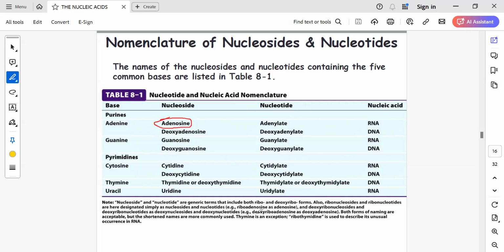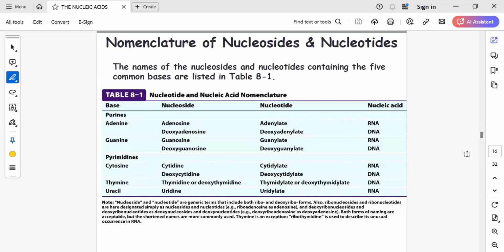So here, where we have deoxyadenosine, it is something like deoxyriboadenosine, or you can just call it deoxyadenosine. Both forms of naming are acceptable, but the shortened names are more commonly used. Thymine is an exception, it is ribothymidine.